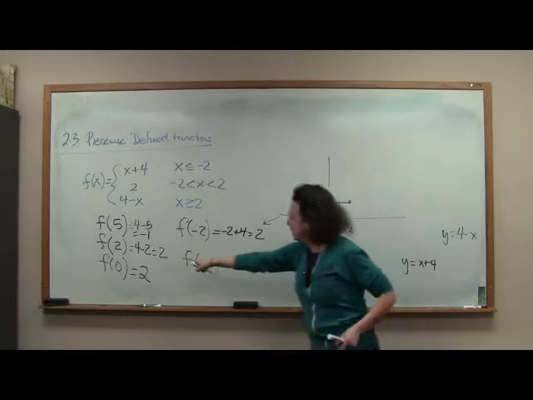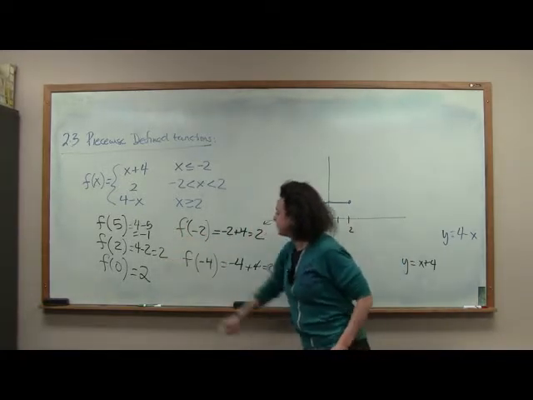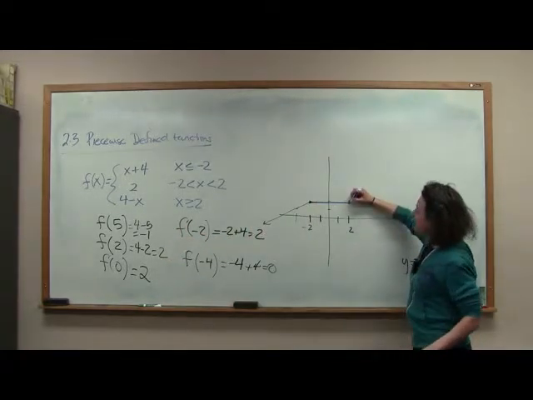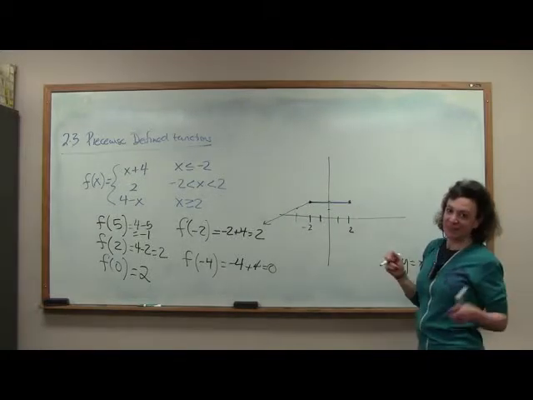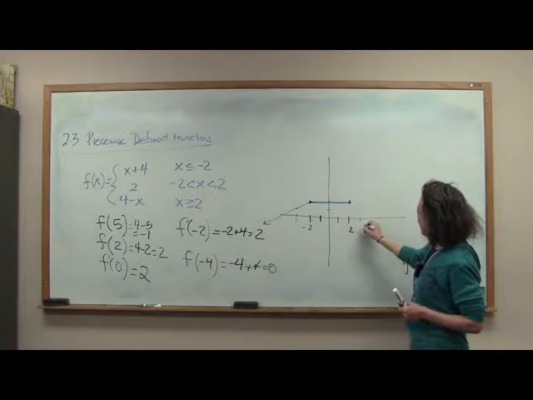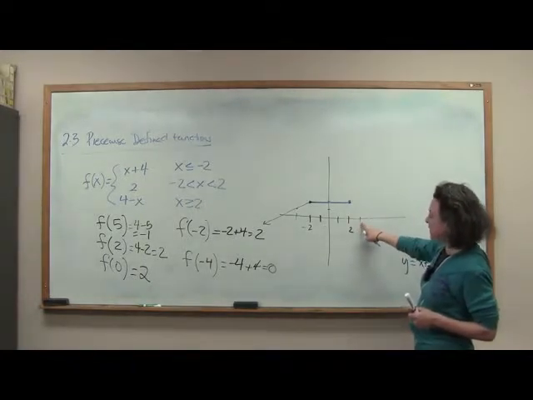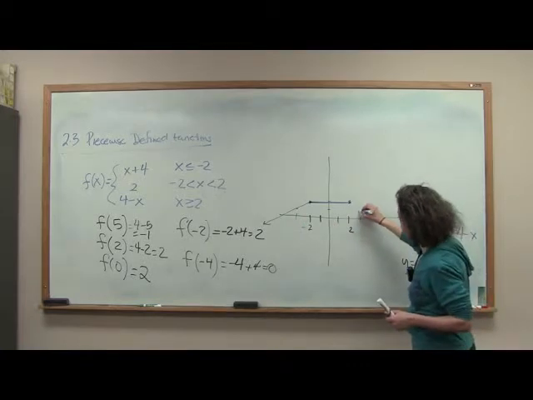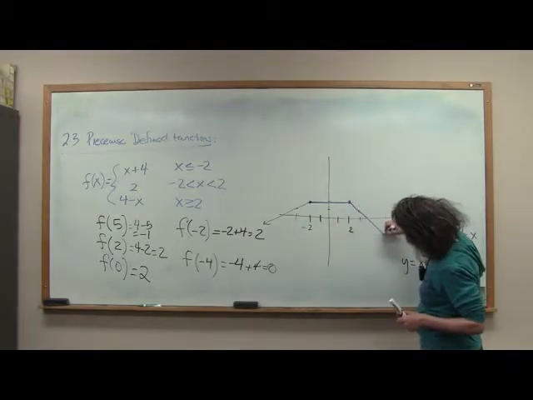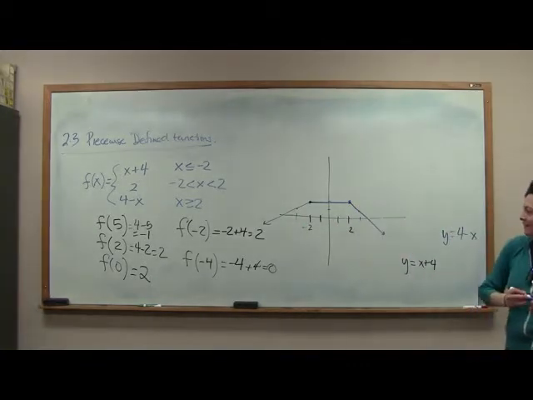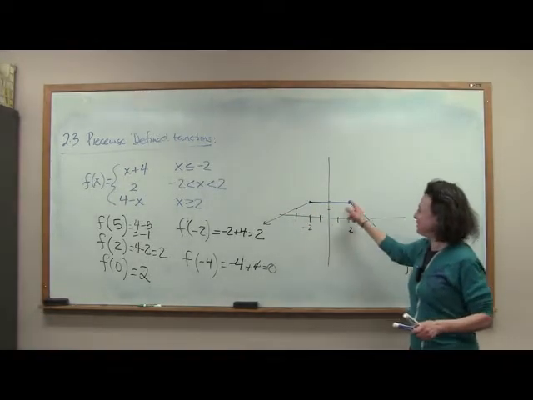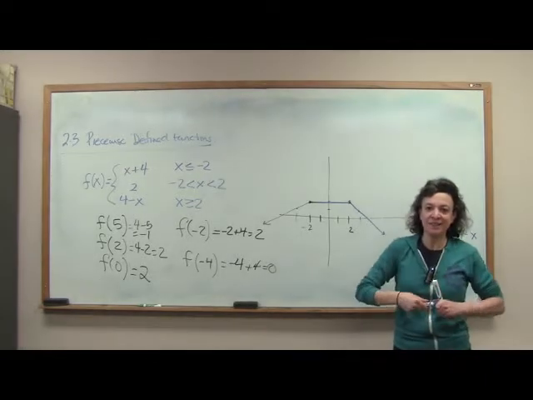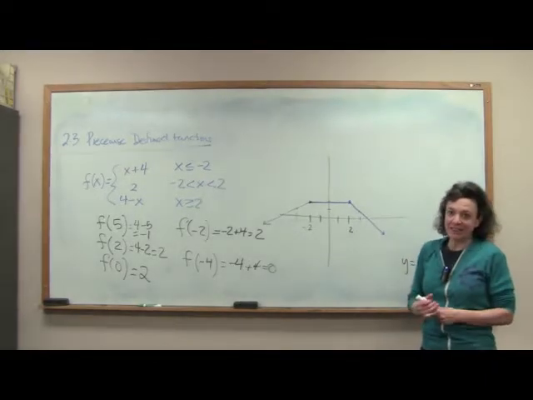Well, we see if we plug 2 in, 2 came out. So we get to color in our circle. How very exciting. All right, and if I plug in x equals 3, well, 4 minus 3 is 1. And there we have it. So while this is defined in pieces, notice it's all connected. Okay, it's continuous, which is a really neat little thing.